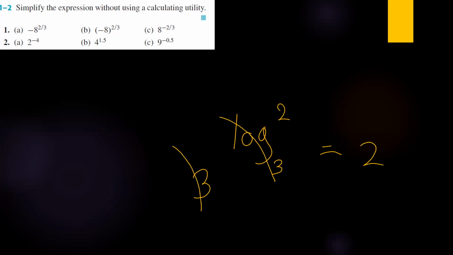Let's write it here: 3 to the power logarithm to the base 3 of 2 is what? 2. Bravo. Because the logarithm to the base 3 cancels 3. So we have 2 only.